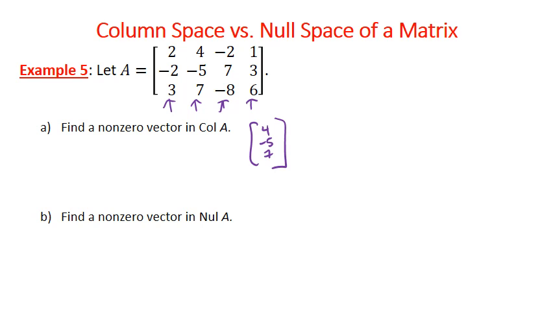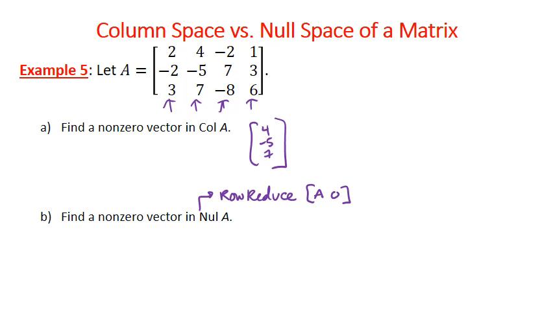Now in part B, we want to find a non-zero vector in the null space of A. If I want to find a non-zero vector in the null space of A, remember that we are going to row reduce [A | 0].